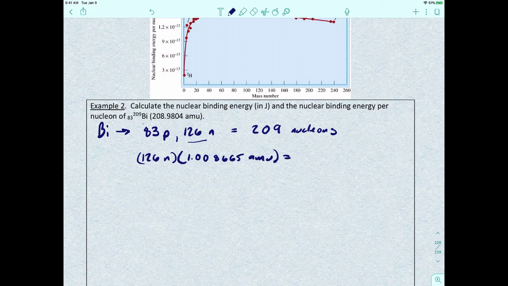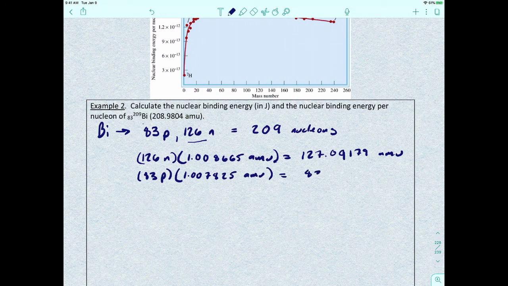That gives us a mass of 127.09179 AMU. And if we take the 83 protons and multiply by the mass of one proton, which is 1.007825 AMU, that gives us 83.649475 AMU.